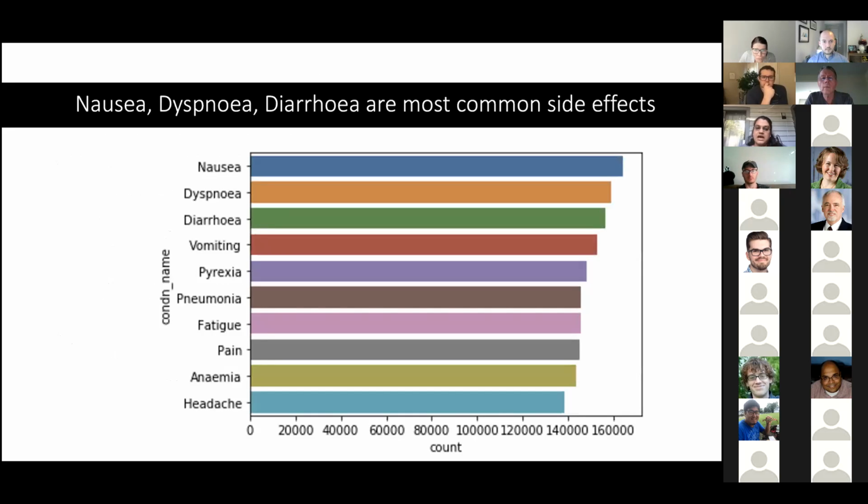Since the data set had, as I mentioned, about 42 million observations with about 1,500 unique drug pairs and different side effects, I wanted to focus on only the most common side effects, in the interest of computing power, because it's a very long and also wide data set, and it'll be really hard to run this in a model. So for the sake of simplicity, I wanted to look only at the most common side effects.